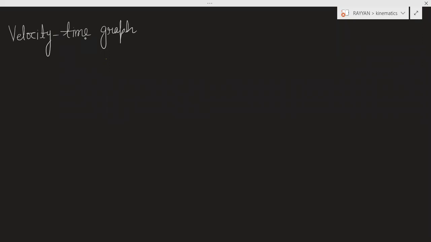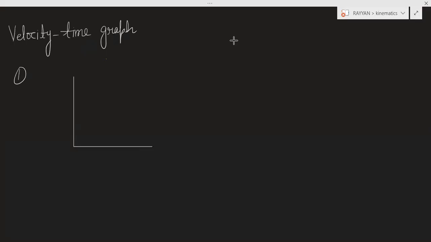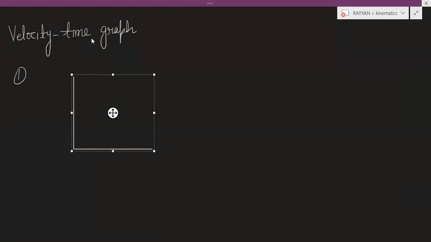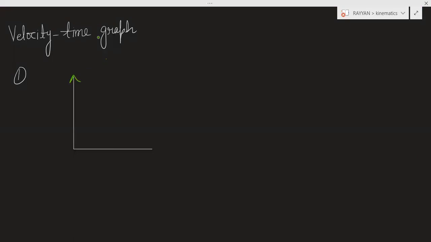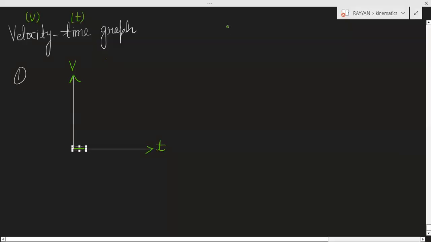So velocity time graph, first graph is like this. Here is velocity v, and on this x-axis there is time. So velocity diagram, first graph is like this.